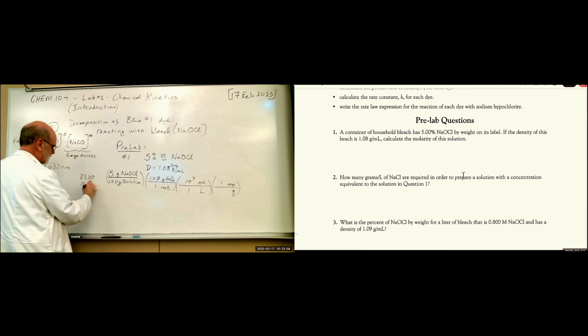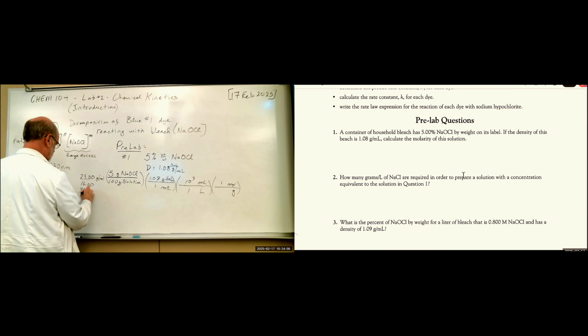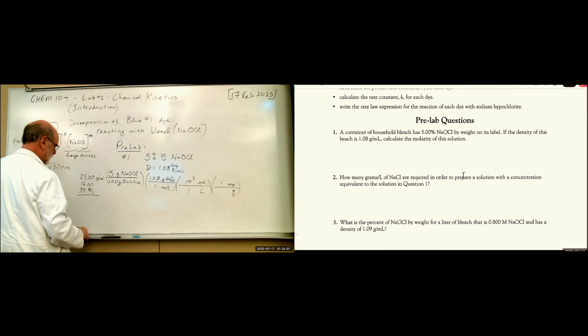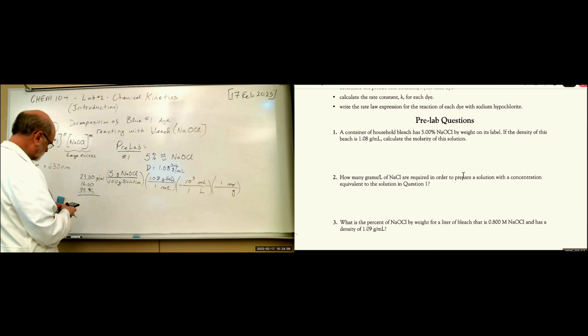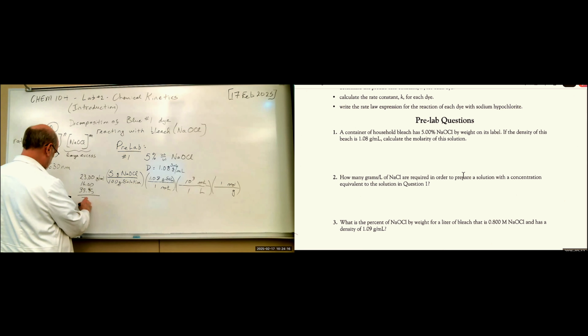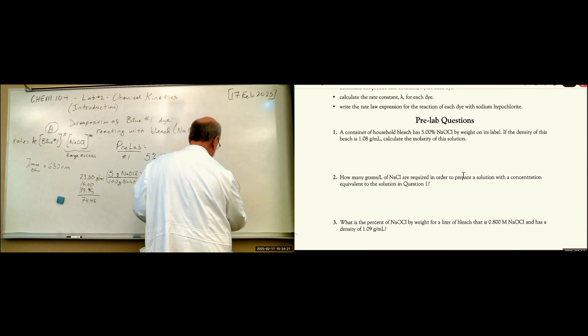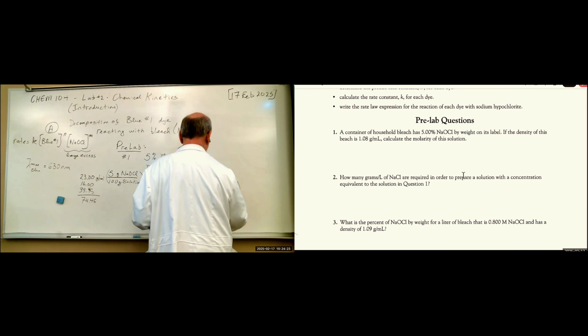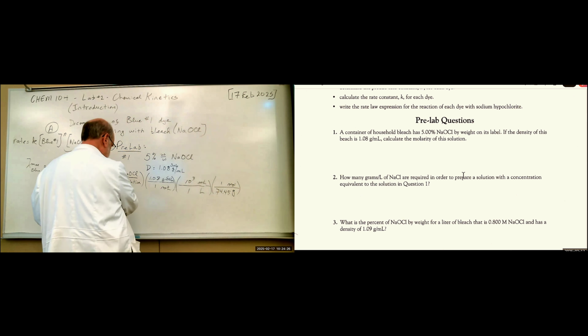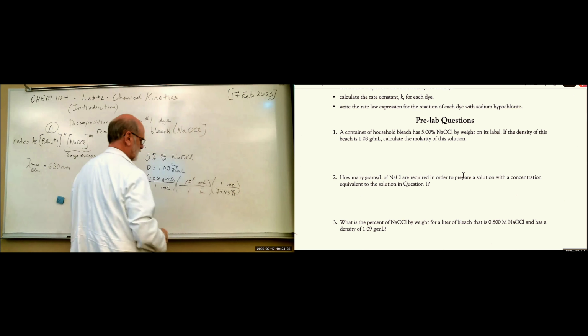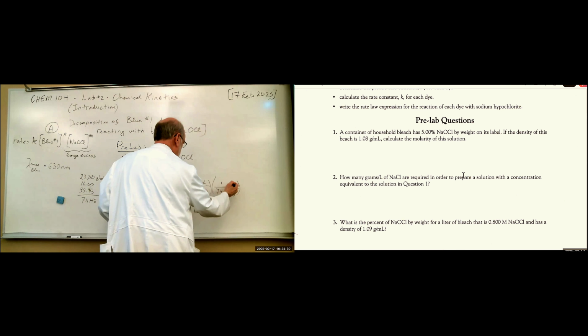Oxygen is 16. And chlorine is 35.45. So I add those together and get 74.45 grams per mole. And that cancels the grams and gives us moles per liter.